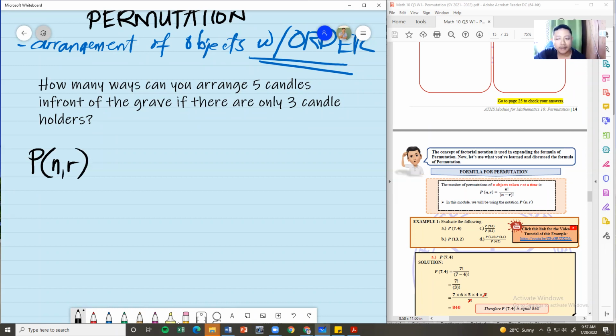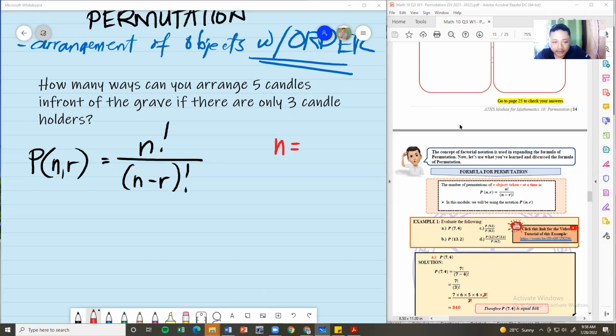So therefore we will have here n factorial over n minus r factorial. And in this case, how many ways can you arrange 5 candles in front of the grave if there are only 3 candle holders? So what is our n here? Our total number? Type your answer in the chat box, please. It's 5. Correct. And what is our r? Take an r at a time. Okay, that's 3.